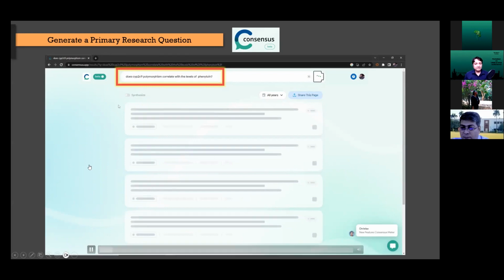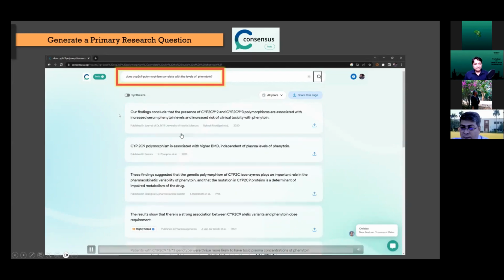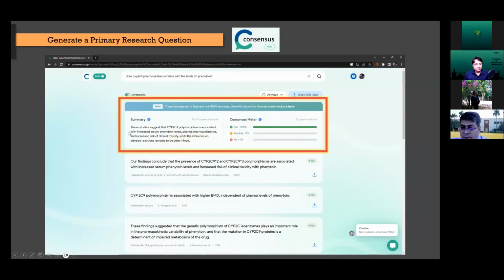Then we start searching, and it will give us findings from these articles on this page. So the magic happens after that. We have so many articles. After that, we have a tool here called Synthesize. When we click it open, it will synthesize very good material.